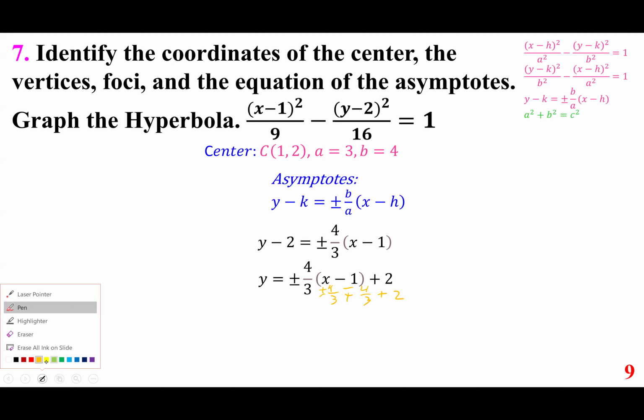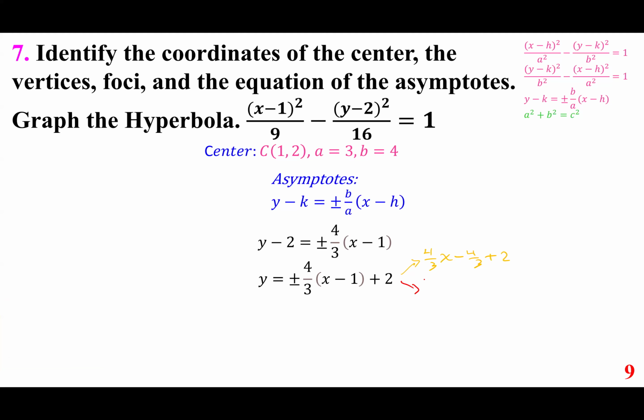Actually, it's easier if I do it this way. One of them is positive 4/3 x minus 4/3 plus 2. One of them is minus 4/3 x plus 4/3 plus 2.